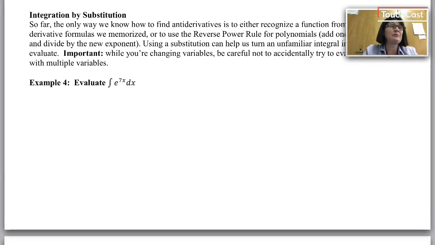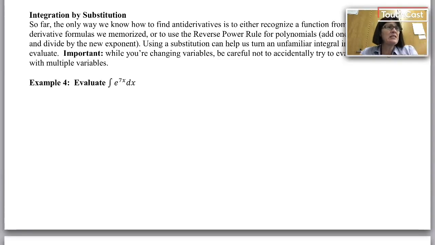All right, here we go with integration by substitution. This is the real, actual topic of this chapter. So far, all we know how to do when it's time to find an antiderivative is to run through the list of all the possible derivatives that we remember taking and look for one that's the answer so we can figure out what the original function should have been. Or we know how to sort of undo the power rule where you add 1 to the exponent and divide by the new exponent.